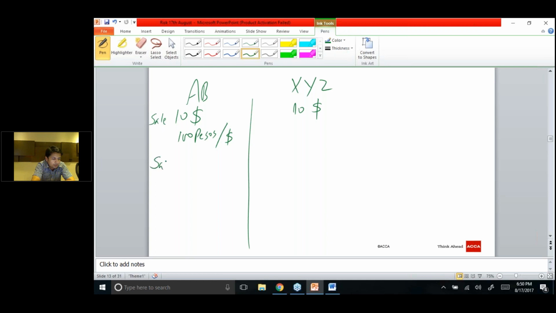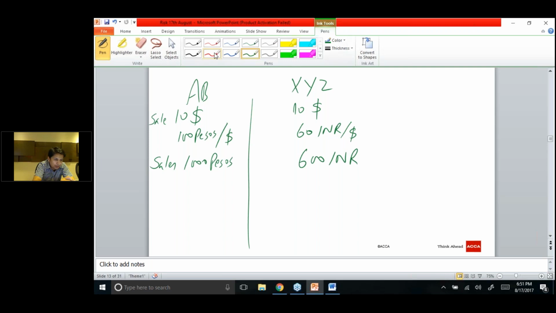So its local sale will be 1,000 pesos. Let's suppose this other country has a currency of 60 Indian rupees over dollar. Its sales will be 600 Indian rupees.